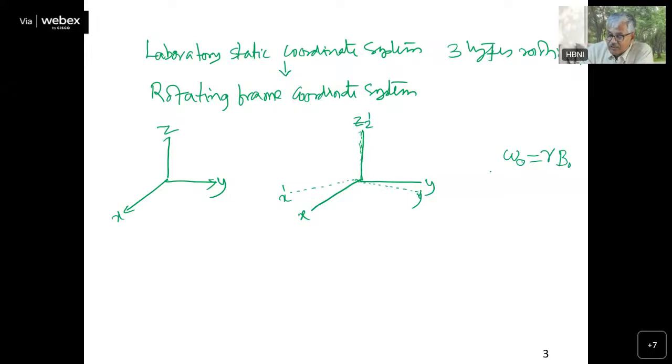So the rotational frequency of this coordinate system is equal to the precessional frequency of the nucleus we are trying to observe. Under this condition, your Mxy component will be static, your M will be static.